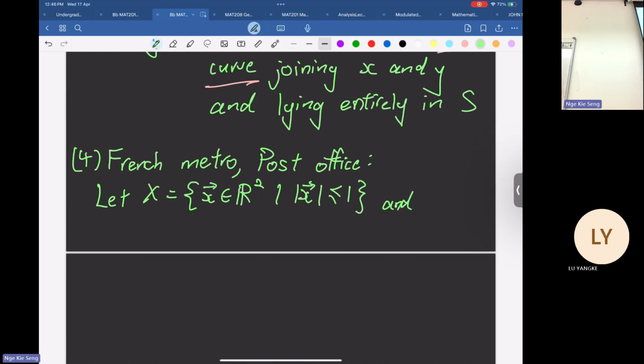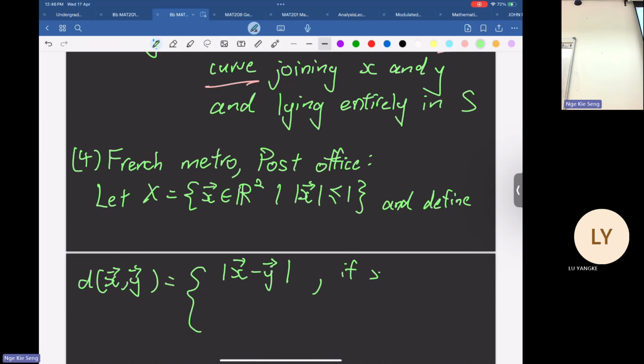And let's define the following metric here. I would say that the distance between these two is just taking the difference if this x point is a multiple of y, for some scalar, so our scalar should be living in R. Otherwise, I just add up their lengths.